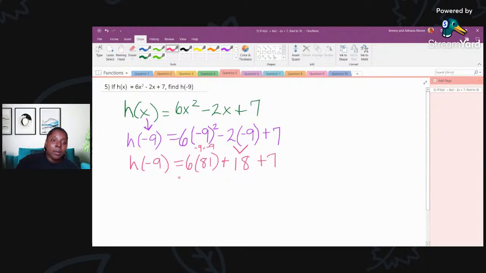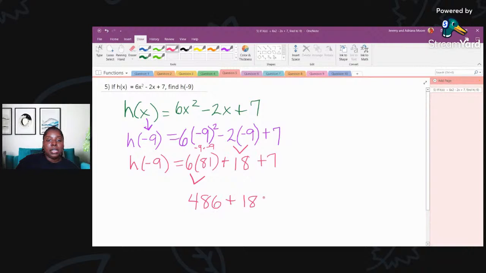Okay, now let's do these two. So 81 times 6, let's put that here. 1 times 6 is 6, and 8 times 6 is 48. Okay, so I'm just going to write 486. Let's keep it neat looking.